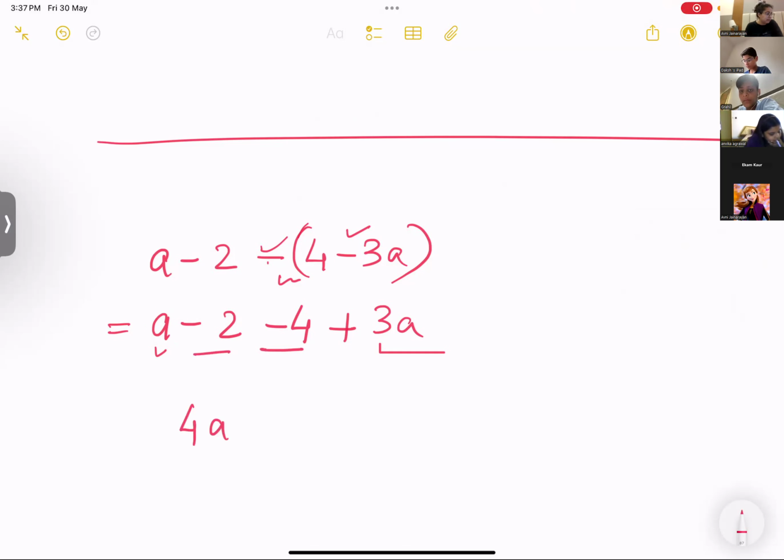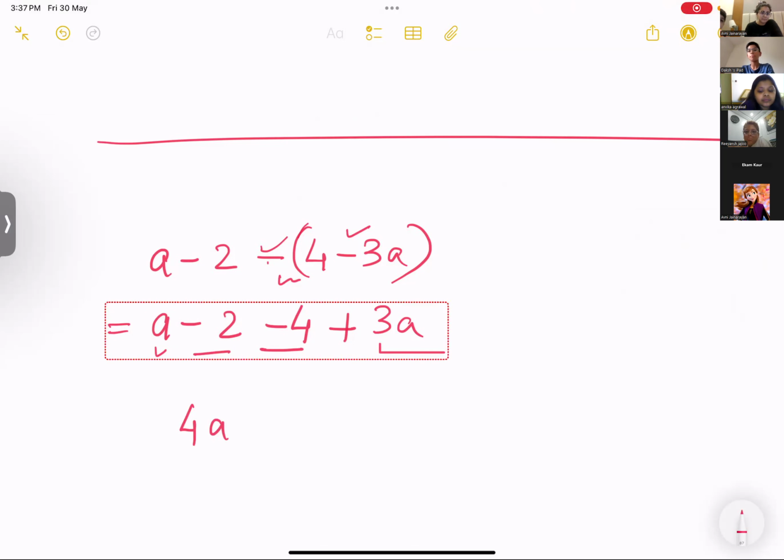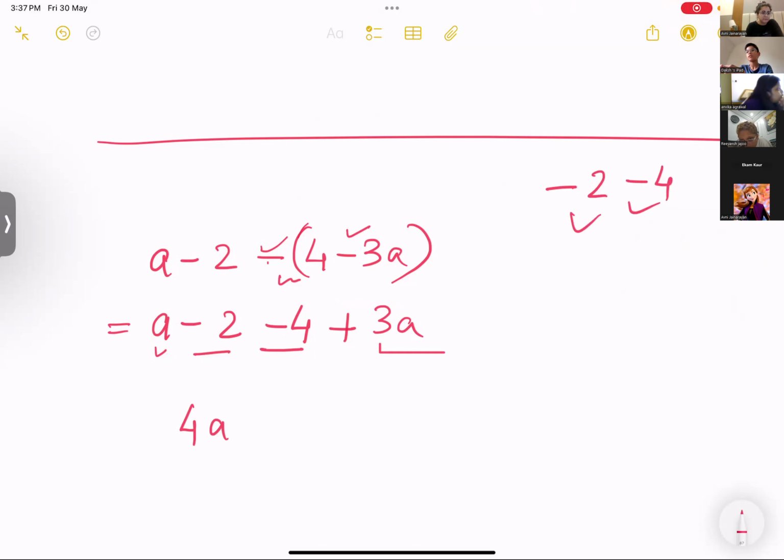-2 and -4 becomes? Minus 2. Daksh, if I have a -2 and a -4, what do I do? Do I add them or do I subtract them? We add.